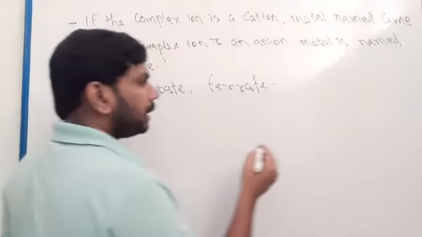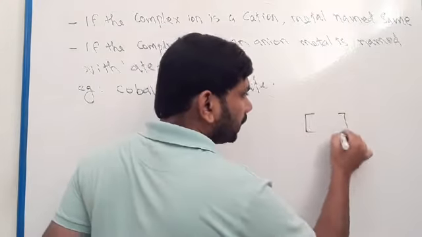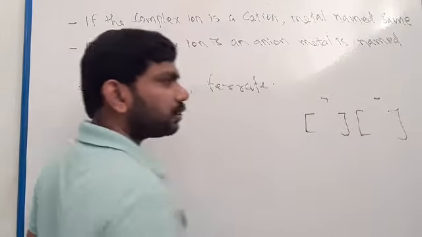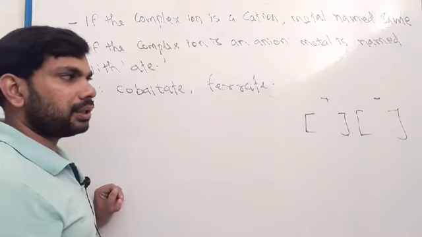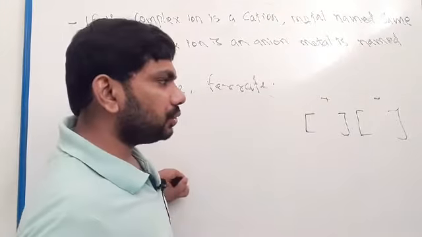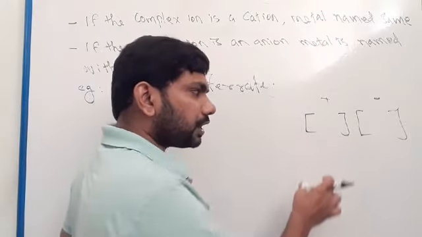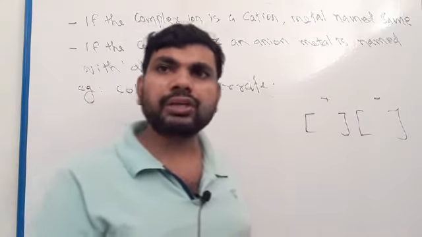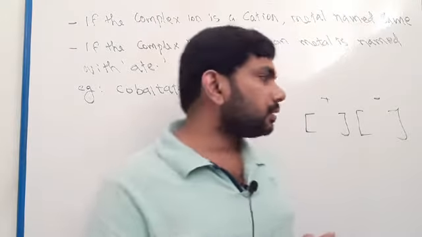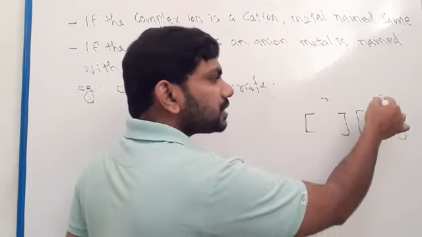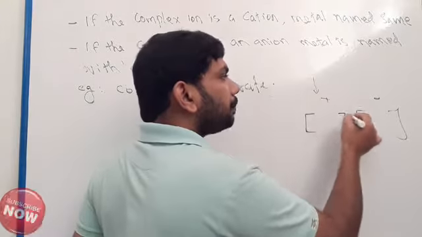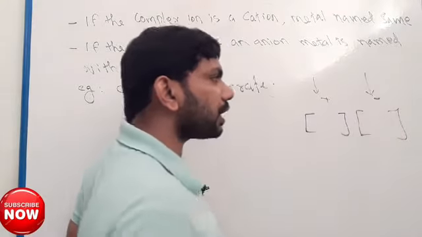I will give you an example. Look at a coordination compound. It contains two coordination spheres. This is one coordination sphere, this is another. This is the positively charged part and this is the negatively charged part.